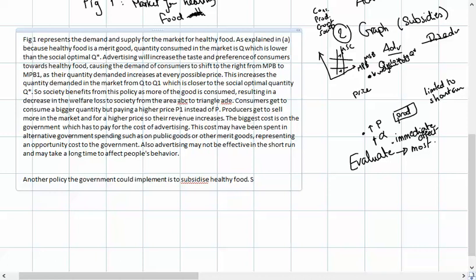Define subsidy. Don't forget it. You can define at any point in the evaluation. A subsidy is a government payment to producers which lowers the cost of production.